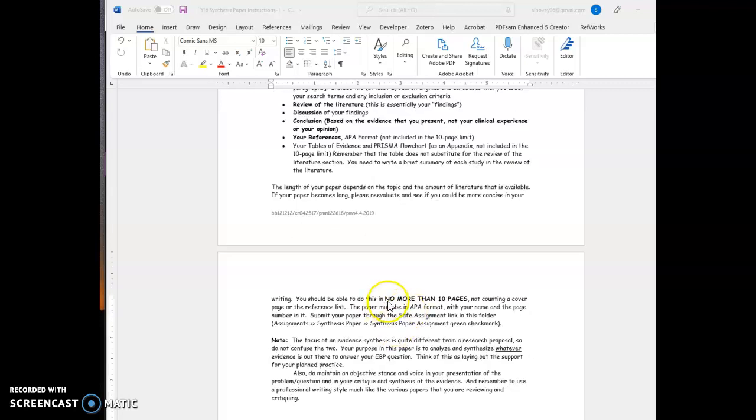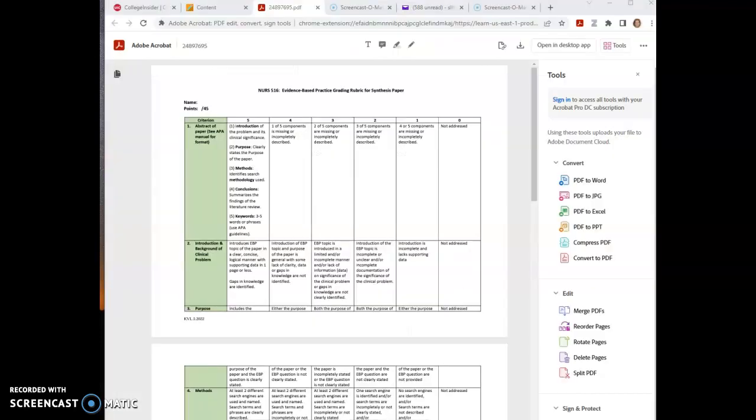An important point to note is that your paper should be no more than 10 pages. Now that does exclude the title page and the reference page. So here is a quick view of the rubric, and you will see that it clearly outlines how to earn the maximum number of points.